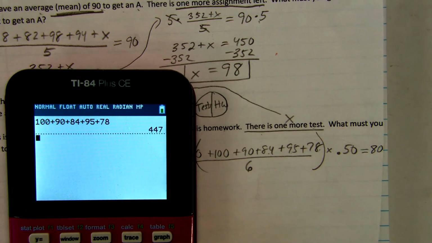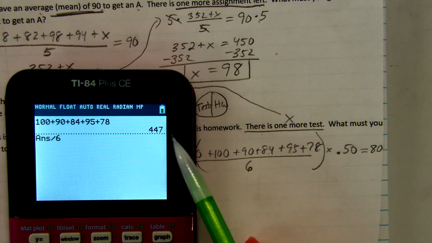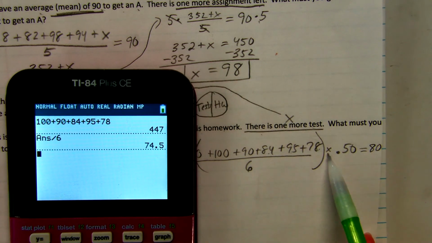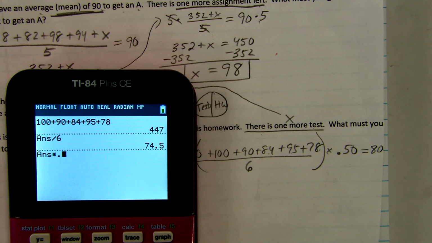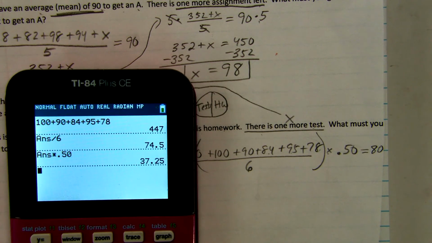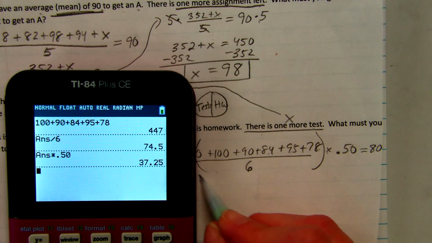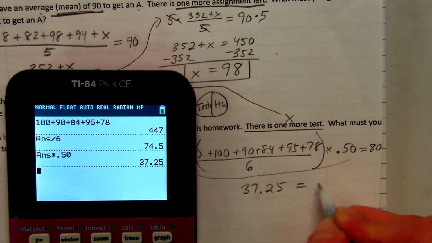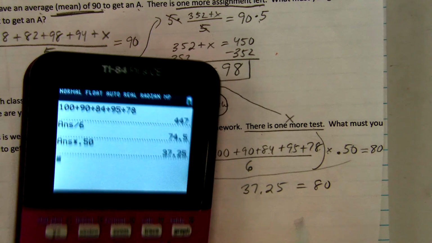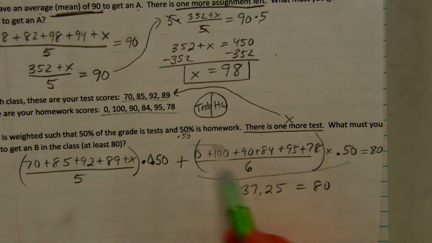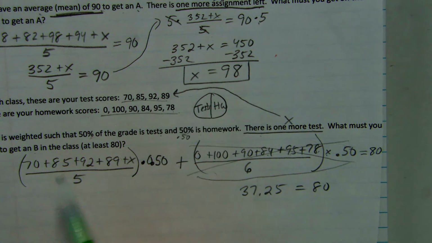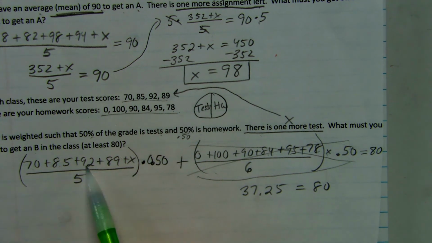And then we're going to divide by 6, so make sure you get the total before you divide, which is 74.5. And then we're going to multiply by 0.50 or 0.5. So all of this is just 37.25. We still have equals 80 over here. So we just did all of that. That's all gone. Okay? So over here, let's do the numbers that we know.